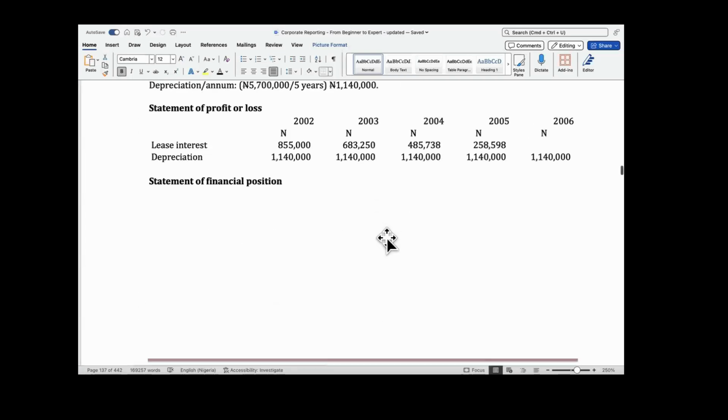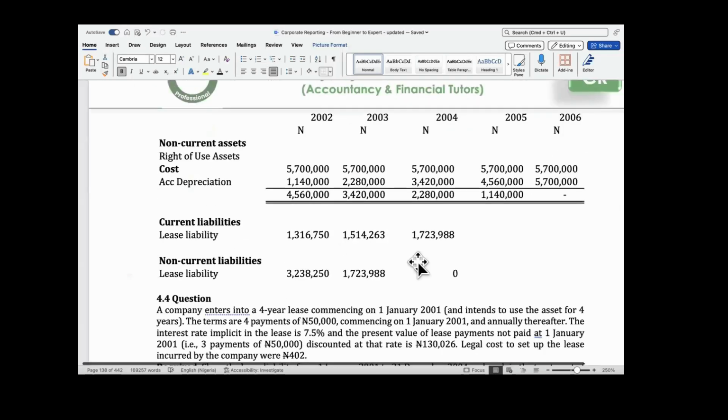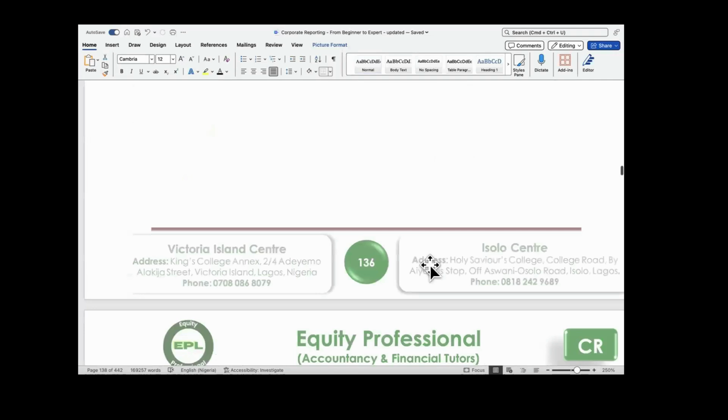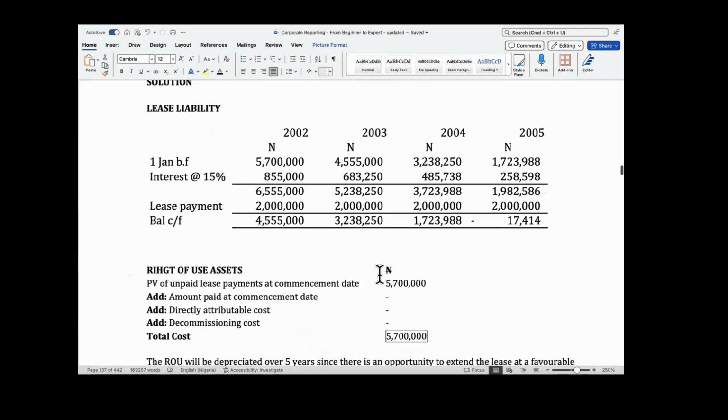This 1.5 under current in year two. Because in this schedule, that's what you will pay next year, for your liability to have reduced from 3.2 to 1.7. That reduction is deemed to be what you settled, 1.5. And whatever is the balance between that 1.5 and this 3.2, it will definitely be this 1.7. Whatever is the balance, that's the non-current.